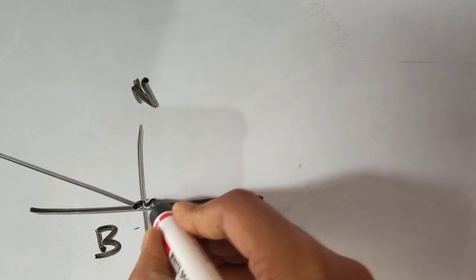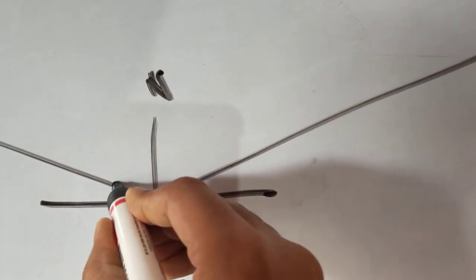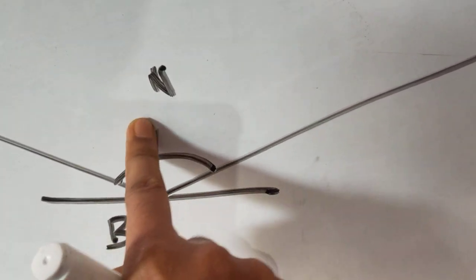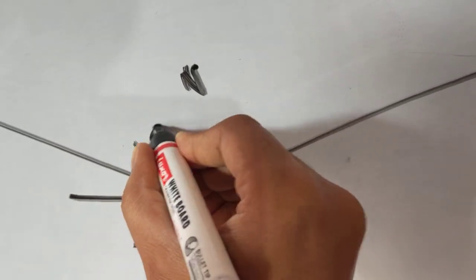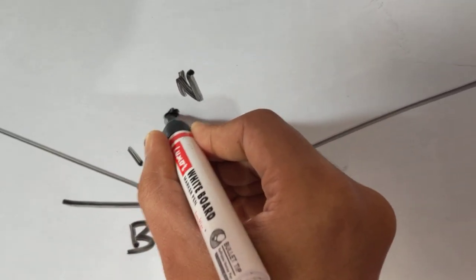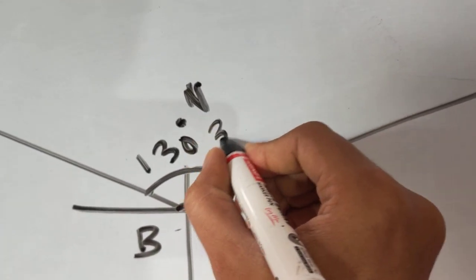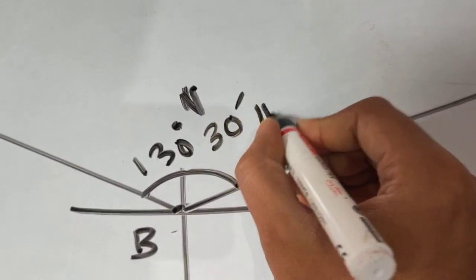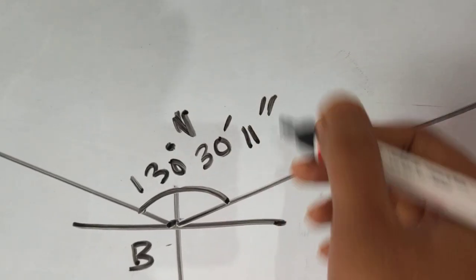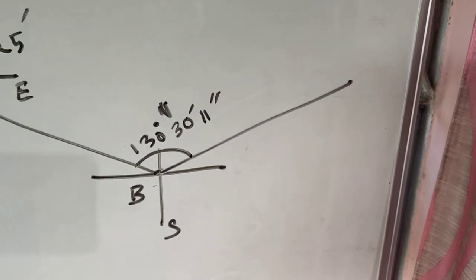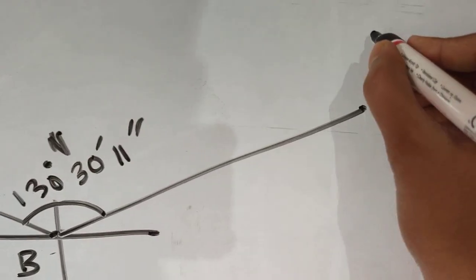So if this goes like this, then this angle has a value of 130 degree 30 minute 11 seconds. Single dash for minute, double dash for seconds. Okay. So here we have got the point C.